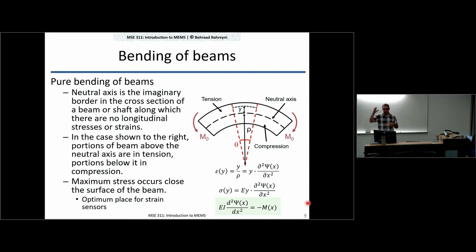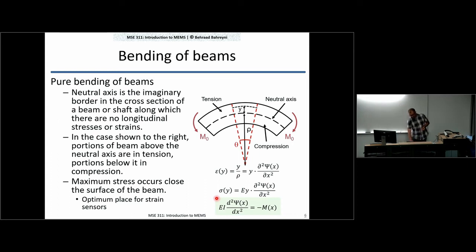So you calculate the moment: you multiply the stress by a very small area times the distance from the neutral axis to calculate the moment produced by that component of stress, integrated from the bottom surface to the top surface. And what you can show at the end is this equation, which is known as the Euler-Bernoulli equation for beam bending.